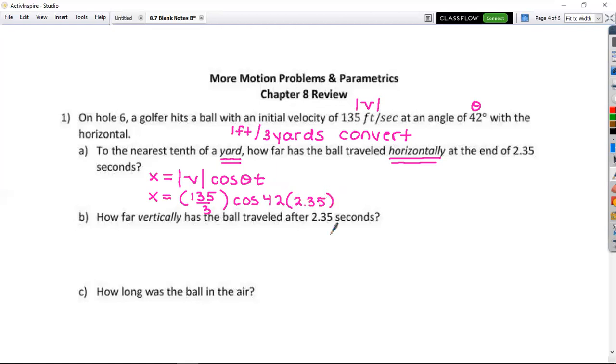All right, all that goes in the calculator. I'm going to check this too because I don't remember how I rounded this. So 135 over 3 and then cosine of 42 and then times 2.35. And this is equivalent, so we have x is equal to about 78.588, and this would be written in yards.